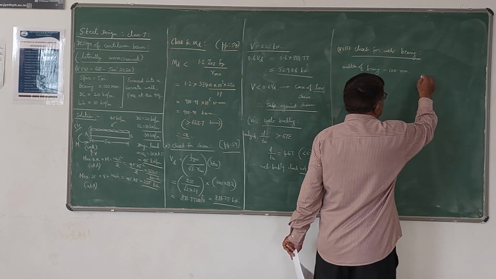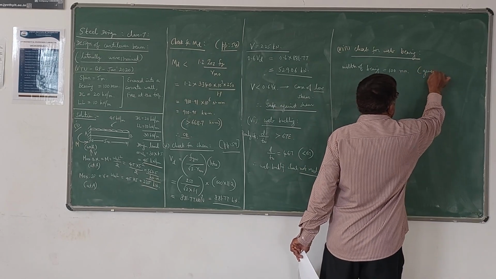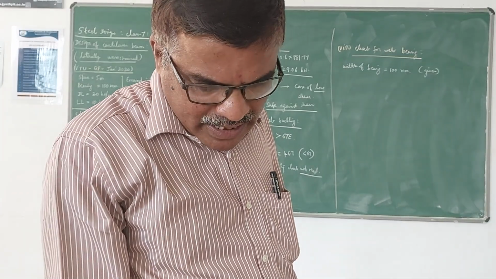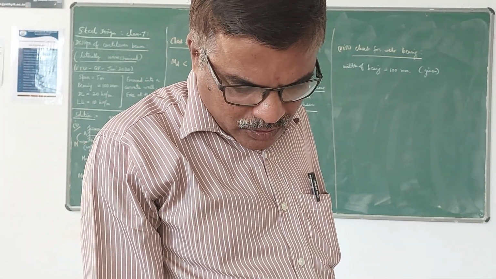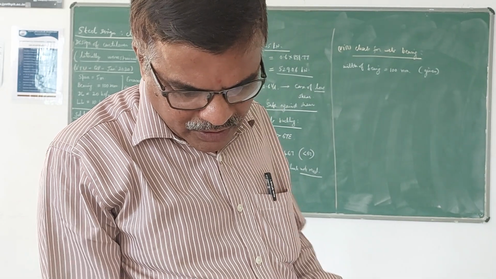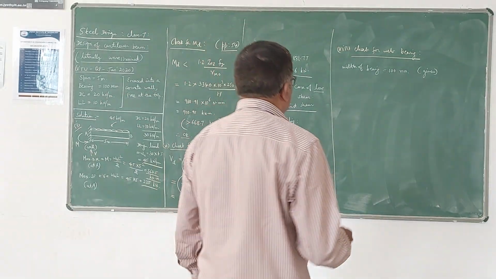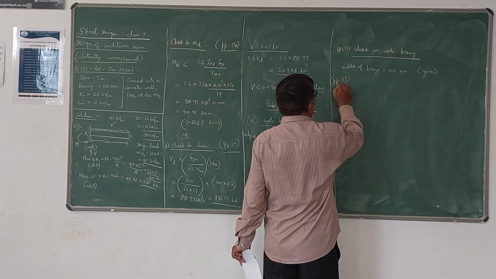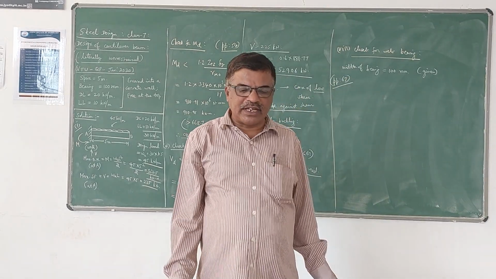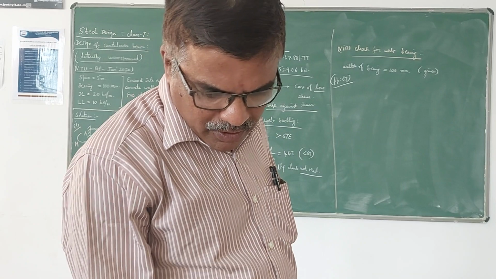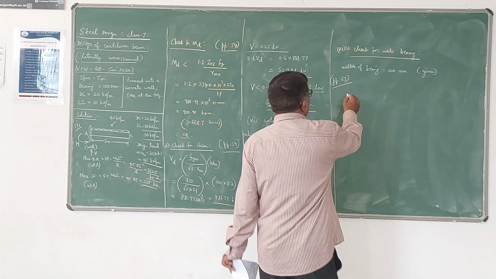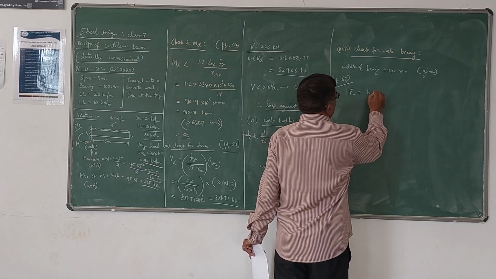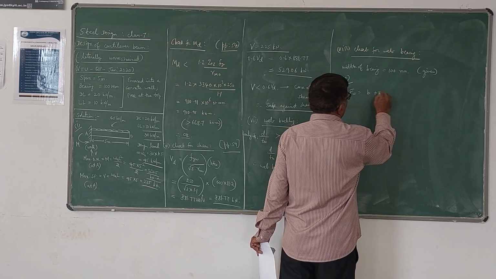The corresponding equation is Fw equal to (b1 plus n2), please refer page 67 of IS 800.